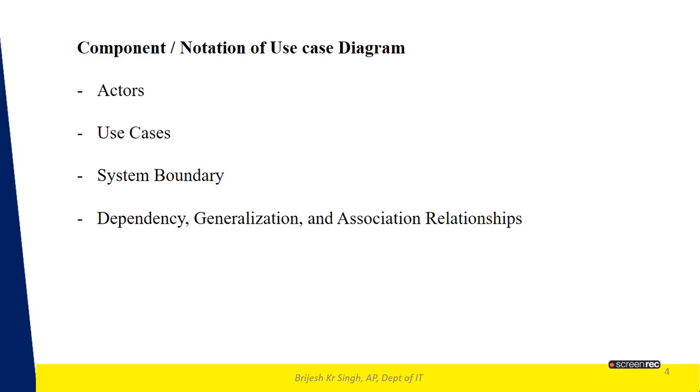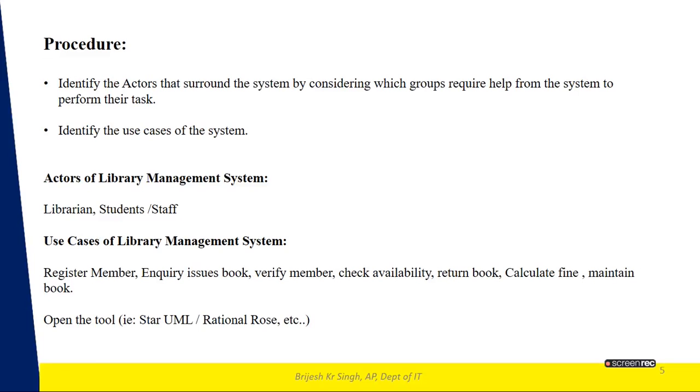It is a directed relationship that specifies how and when the behavior defined in the usually supplementary use case is optional. The extending use case can be inserted into the behavior.